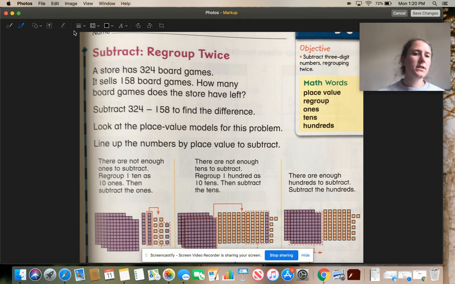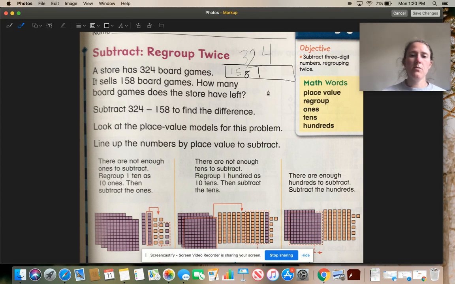So this is that same bar model we've been going over. The total number goes on the top. So it has a total of 324 board games. Now, it sells 158. We are trying to figure out how many is left.